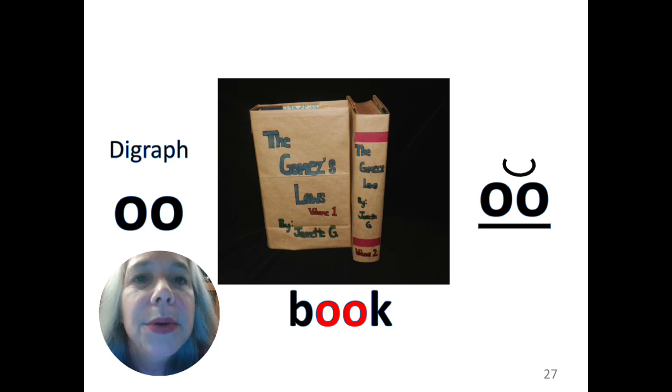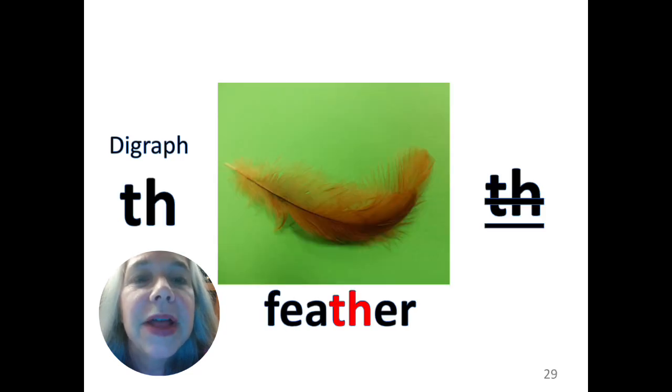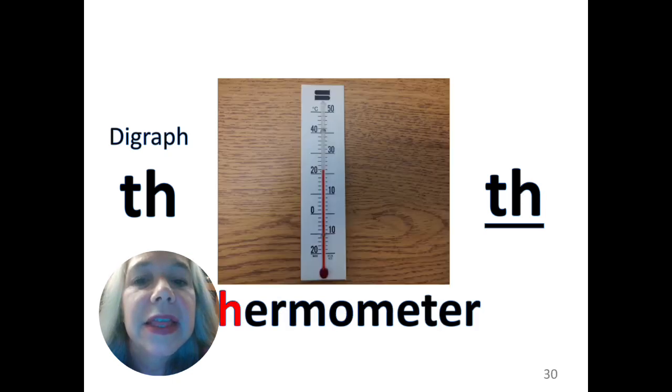Book, U. Digraph OO. Spoon, oo. Digraph TH. Feather, th. Digraph TH. Thermometer, th.